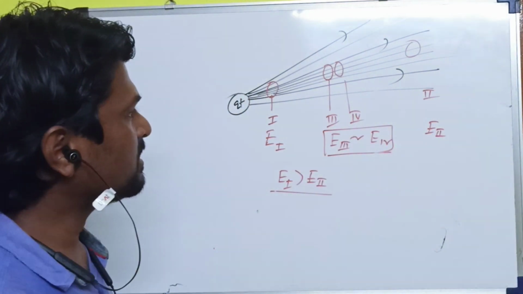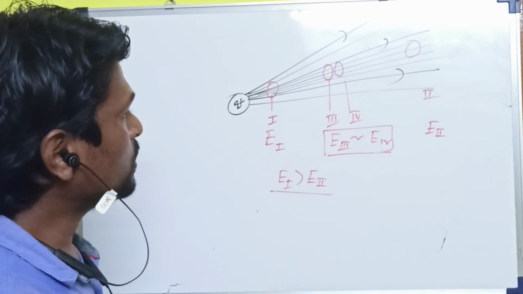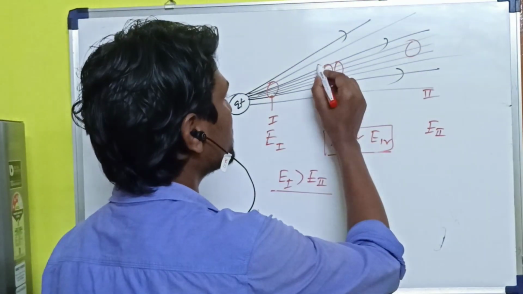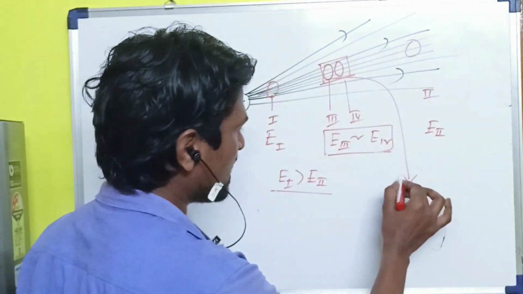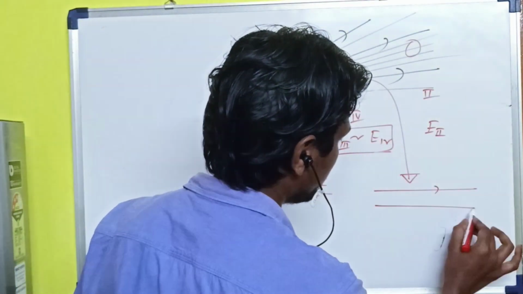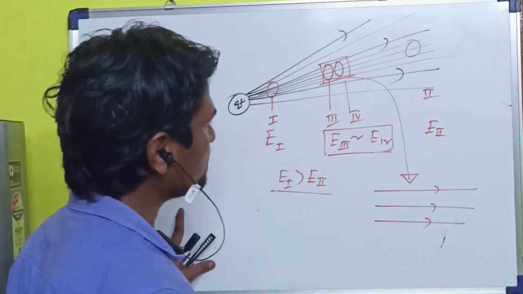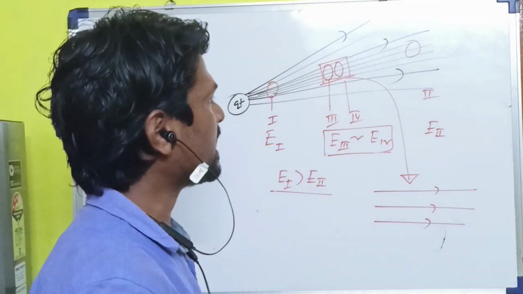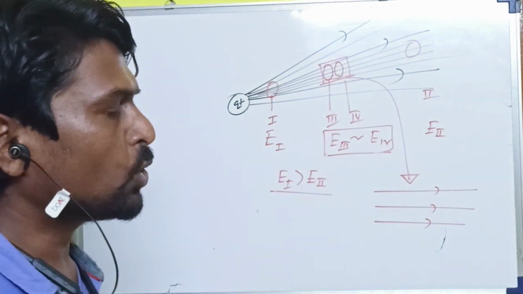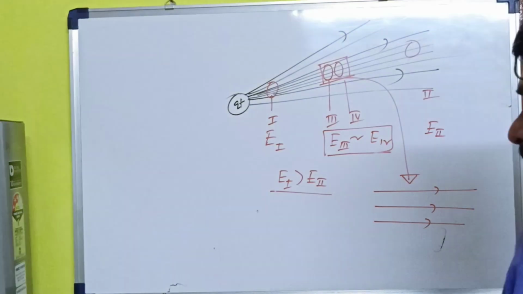So what is a uniform electric field? At that particular region the electric field is the same and is represented by equidistant lines. So this is a uniform electric field. A uniform electric field is an approximation, and no charge can create a truly uniform electric field.